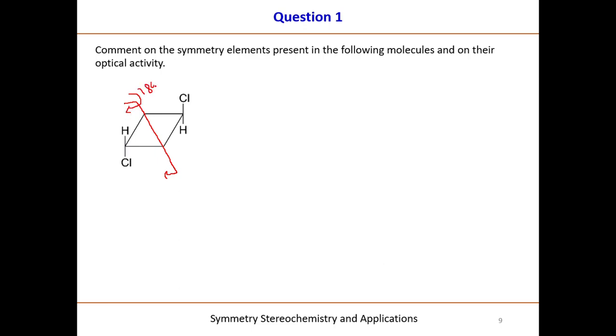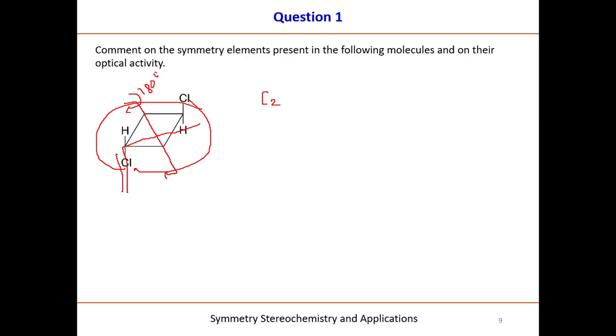So what will happen here? This chlorine will go this side and this chlorine will go this side, correct? So that's why we can say a C2 axis of rotation is present. Is any other axis of rotation there? Yes, you can see here we have this axis of rotation also.